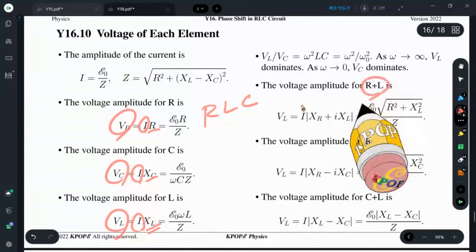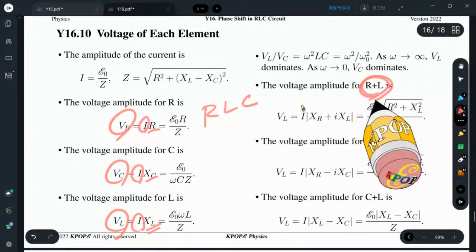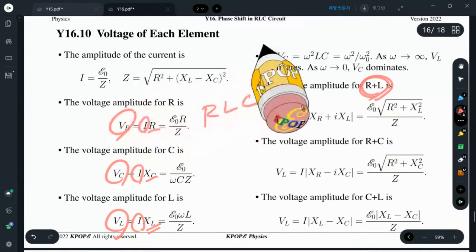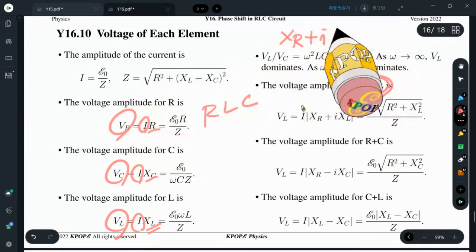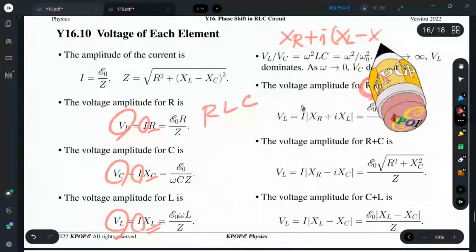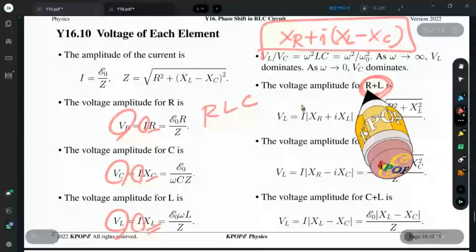If you're interested in the voltage difference between the two terminals of this composite system, what you want to do is just consider XR plus i, XL minus XC among this complete form.